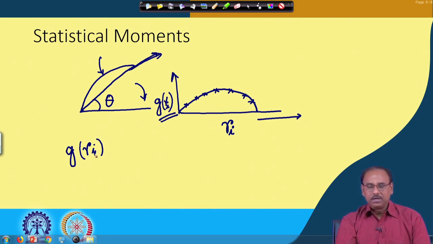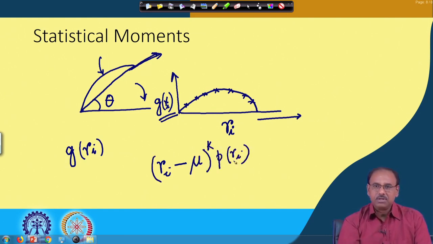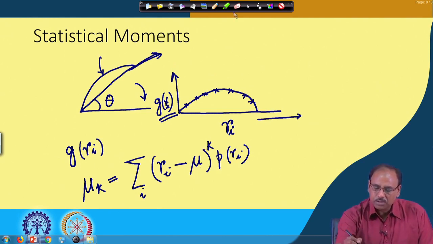So, a statistical moment of order k is given by the sum of (r_i minus mu) to the power k times p(r_i), where p(r_i) is the frequency or probability of occurrence of r_i, taking the summation over all i. So, this is a statistical moment of order k.